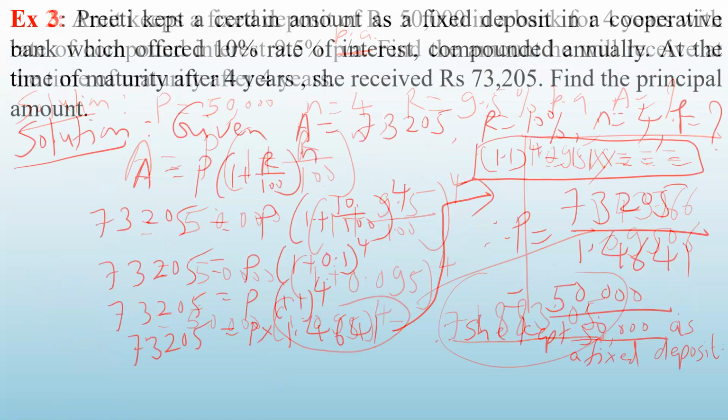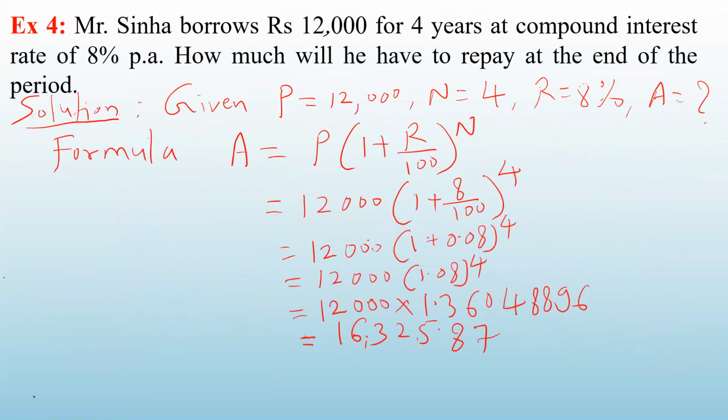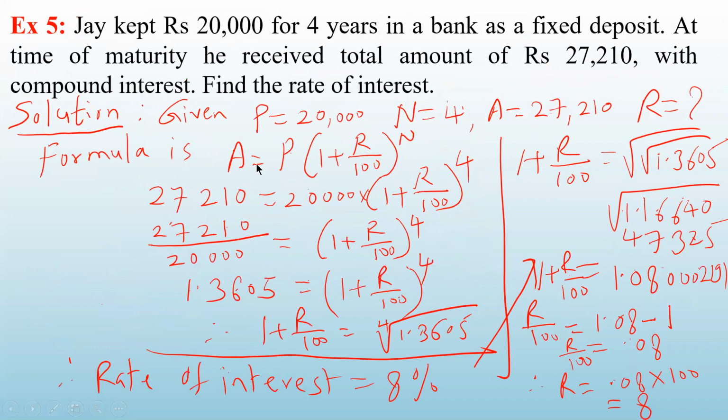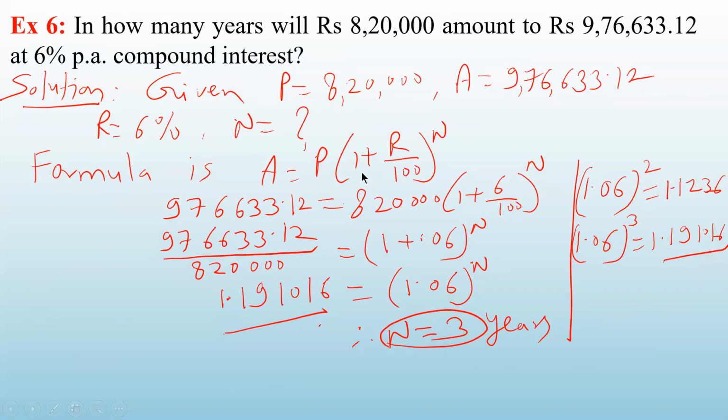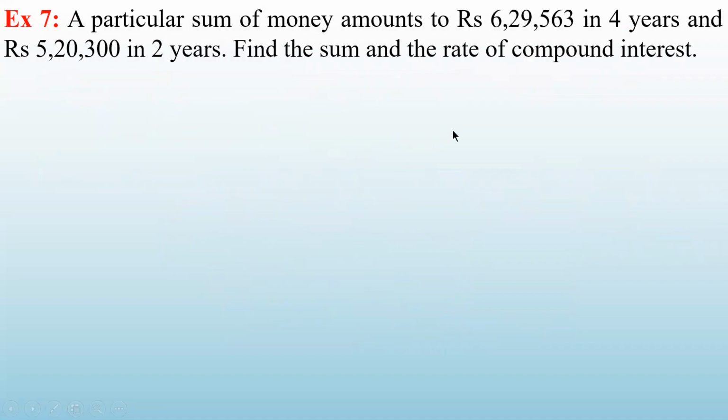Similarly, where A, P and n are given, how to find the rate R. And if A, P and R are given, how to find the period n. So these many problems we have done in the last class. Let us solve some more problems today.